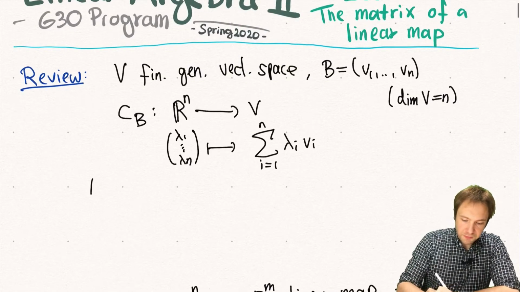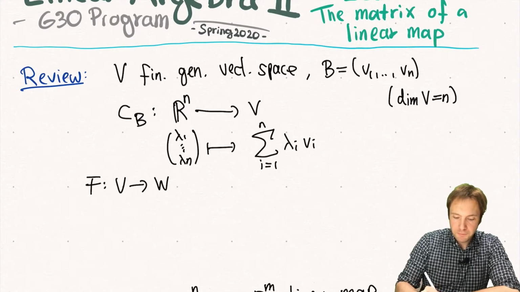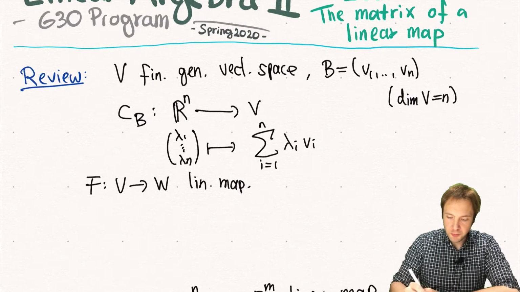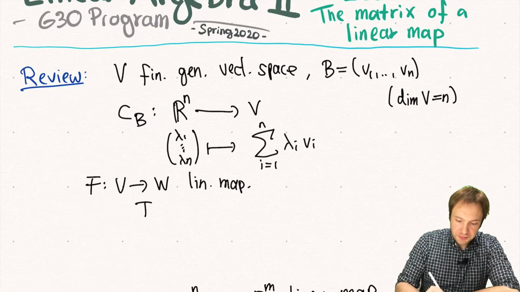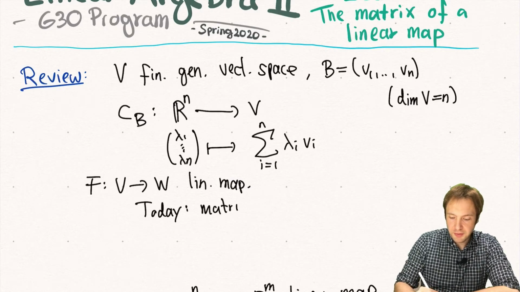So if we have a linear map between two vector spaces, what we want to assign to this is a matrix of F with respect to some bases, whatever this means.